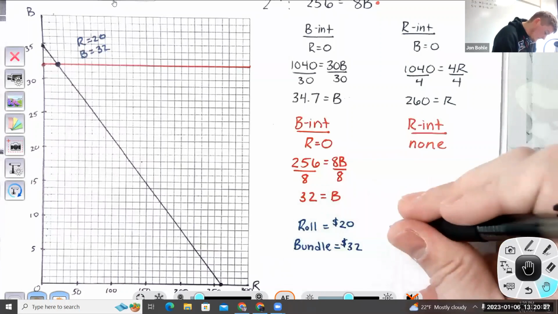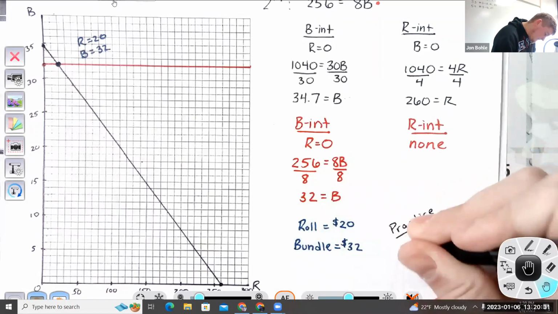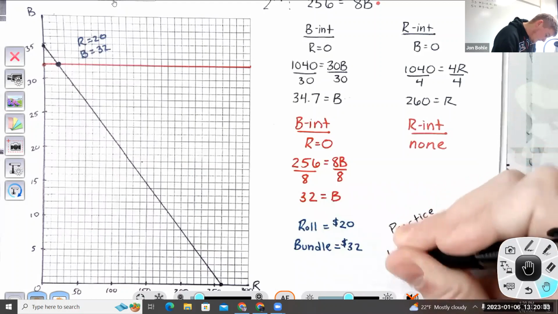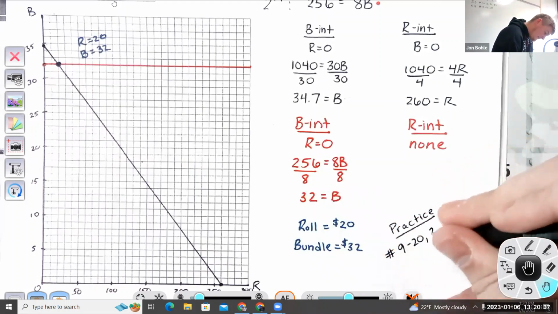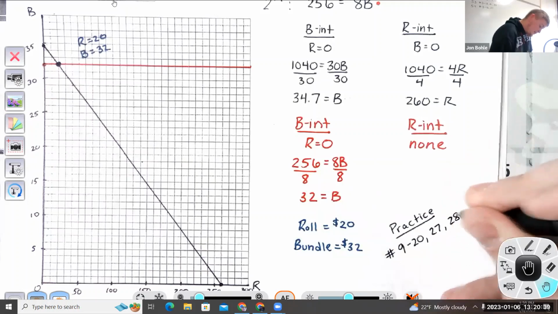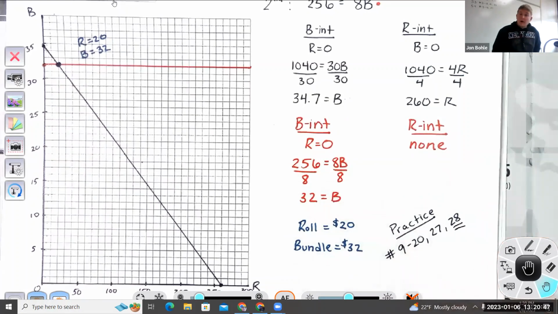Okay, practice. These are your practice problems before you take your learning target, number 9 through 20, 27, and 28. Okay, 28 is a word problem.